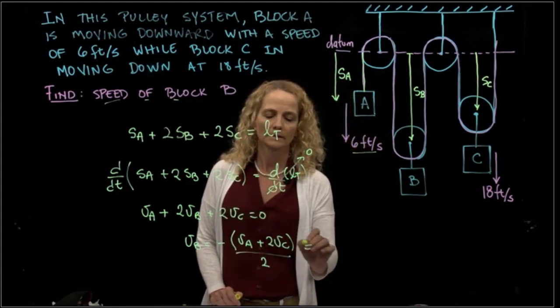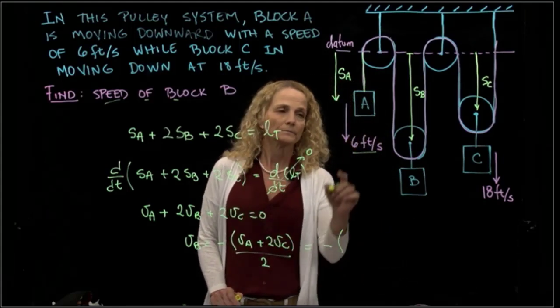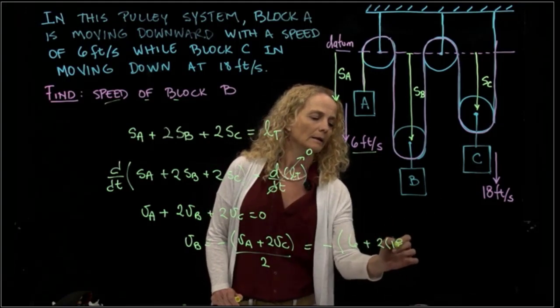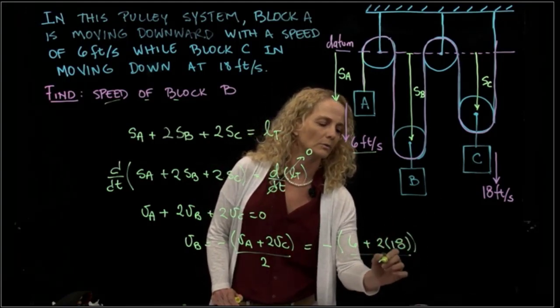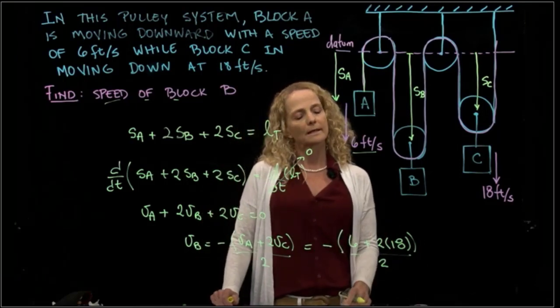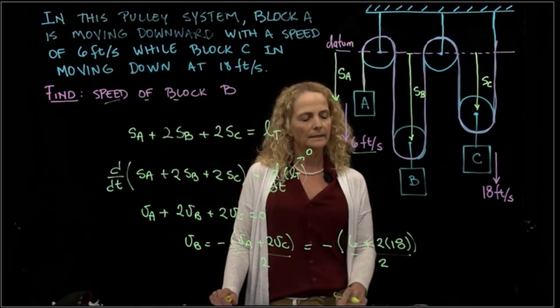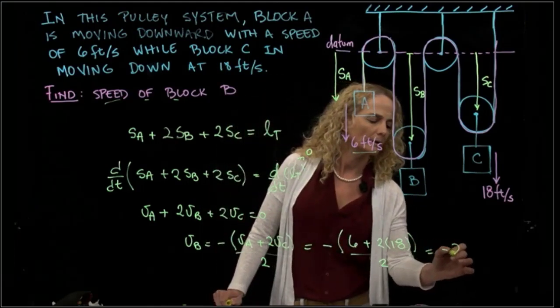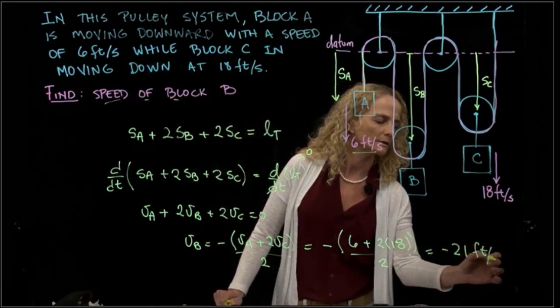So we can say this is negative 6 plus 2 times 18, over 2. 2 times 18 is 36, right? Plus 6 is 42, divided by 2, that gives us negative 21 feet per second.